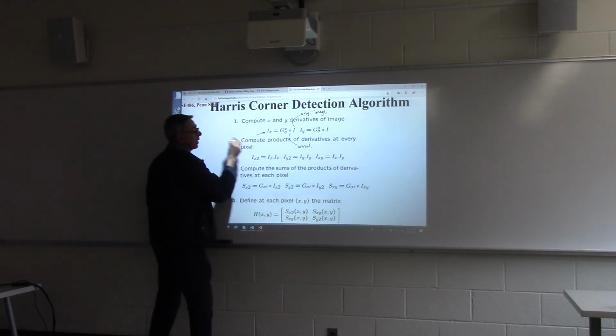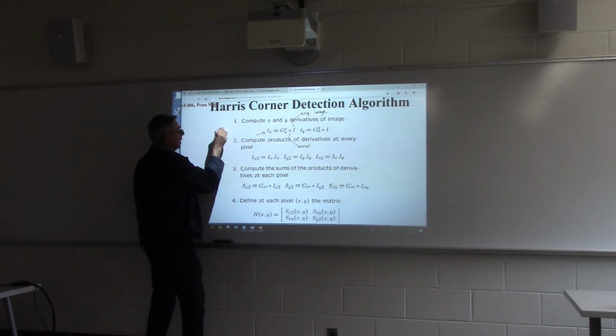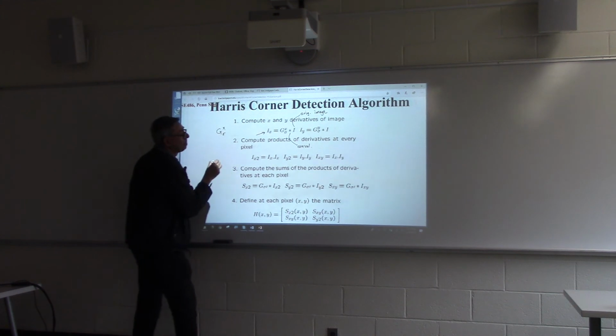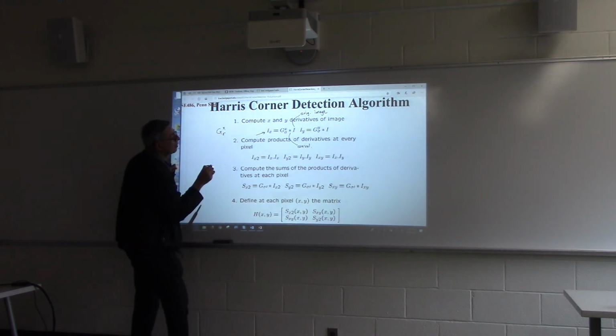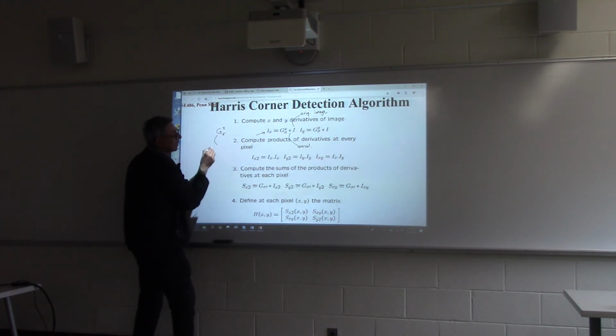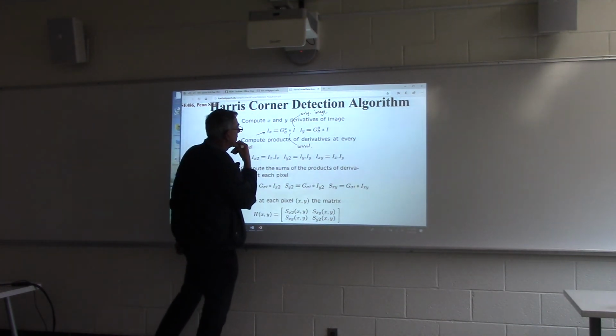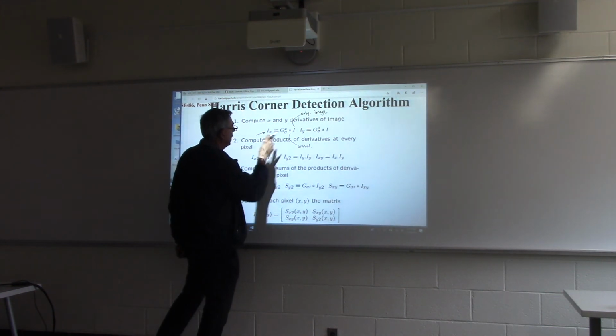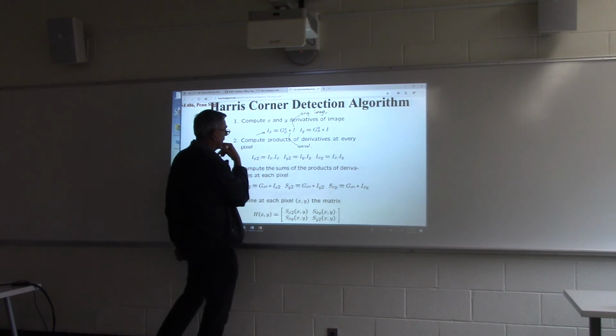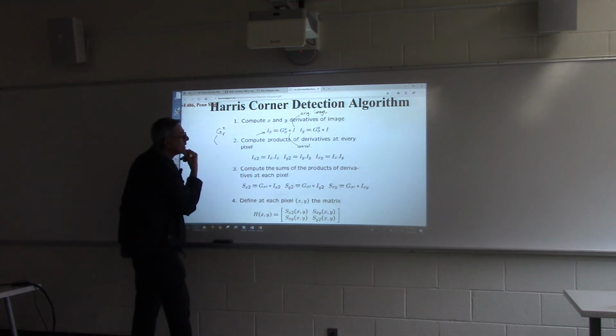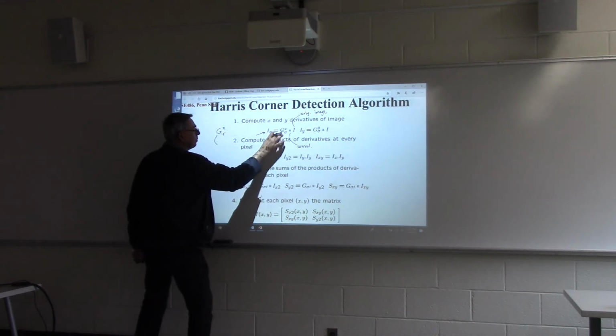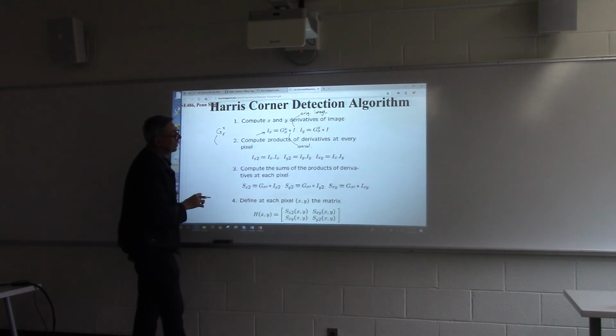What is G of sigma? It should be Sobel, not a Gaussian. I can double check by looking at the OpenCV implementation.